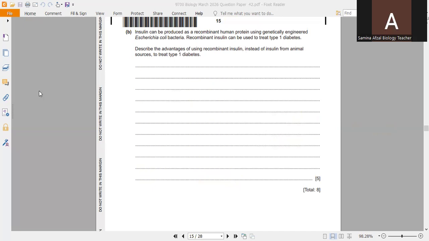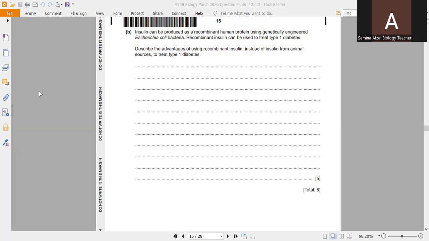Describe the advantages of using recombinant insulin instead of insulin from an animal source to treat type 1 diabetes. So here we have to write the answer about the advantages of using recombinant human insulin.